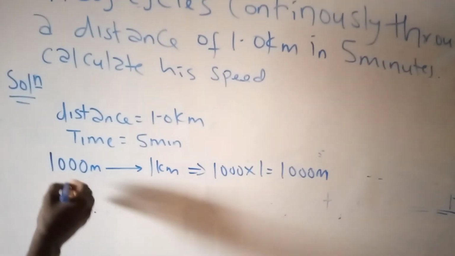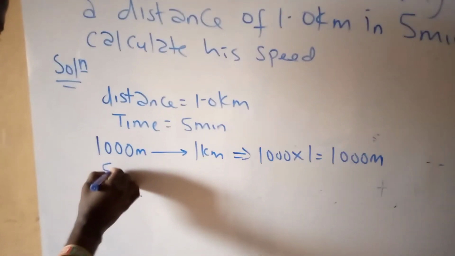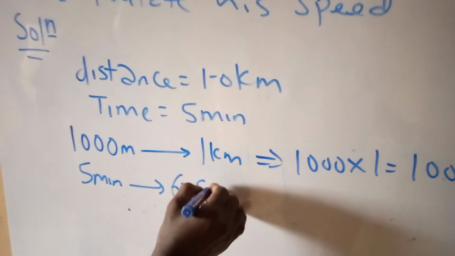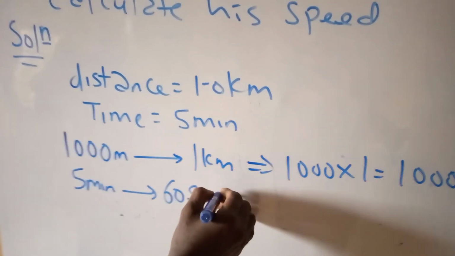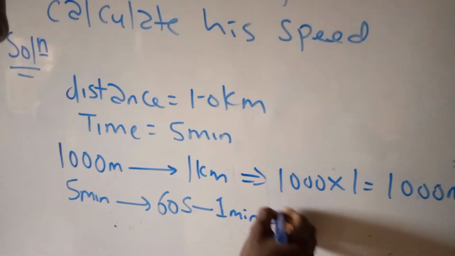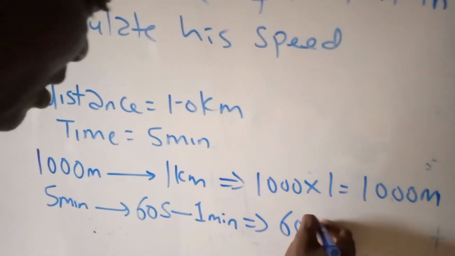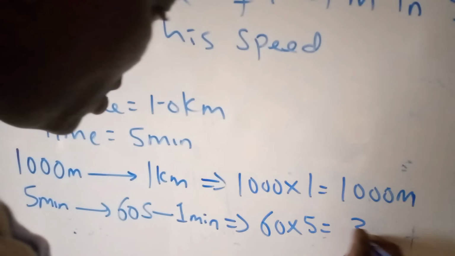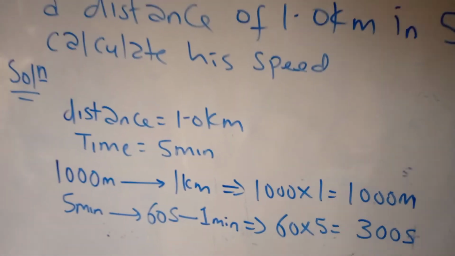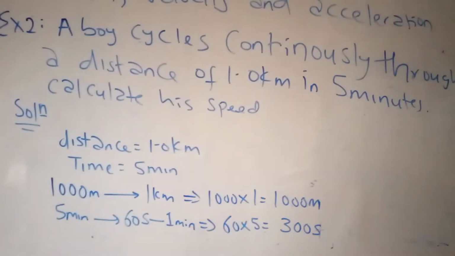The time itself is 5 minutes, and 60 seconds make 1 minute. So this will be 60 times 5, which is 300 seconds. Beautiful. We have succeeded in doing our conversion.